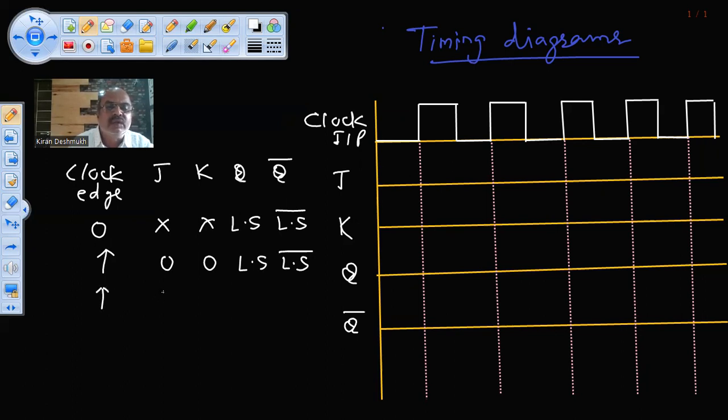On the next edge, if J is 0 and K is 1, Q will become 0 and Q bar will be 1.